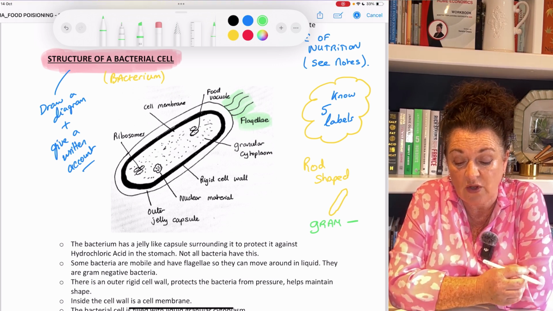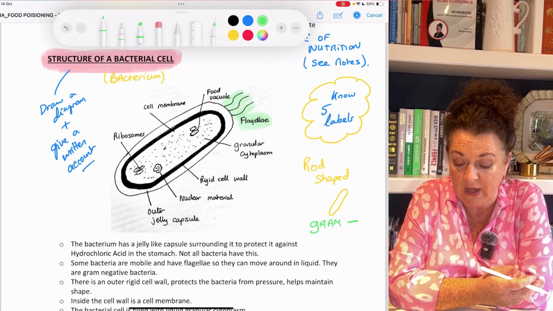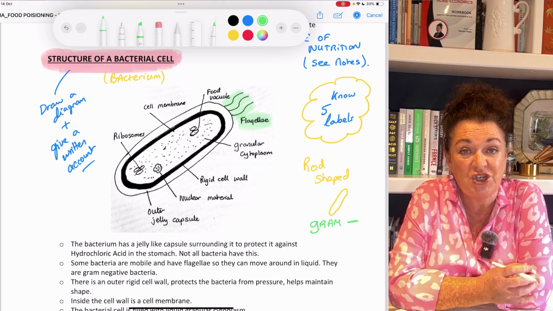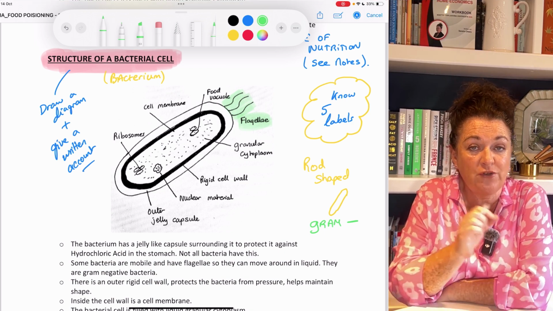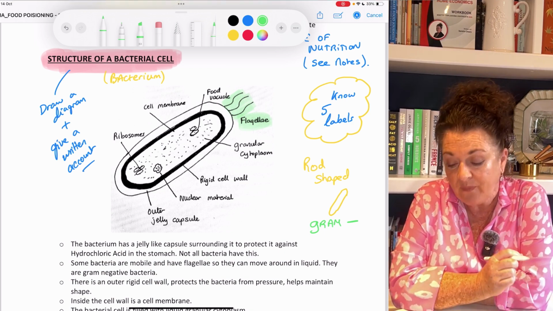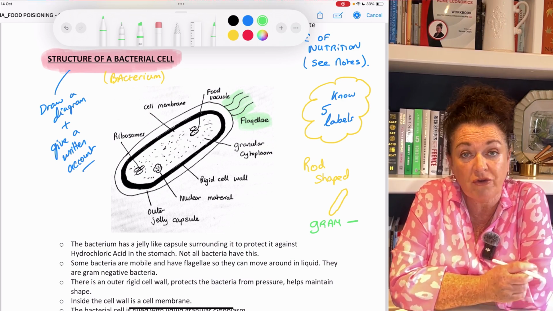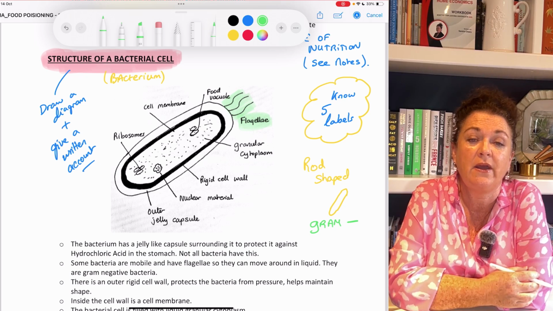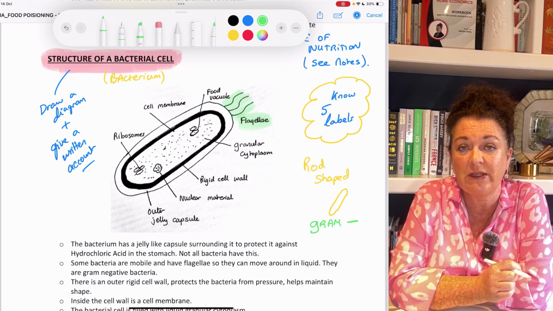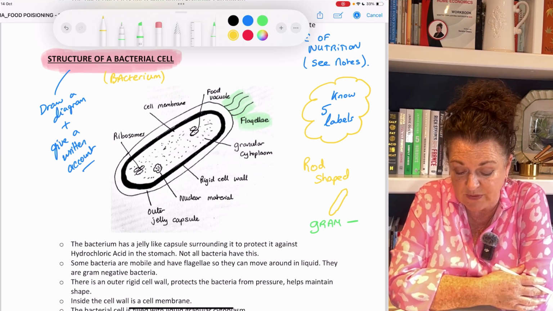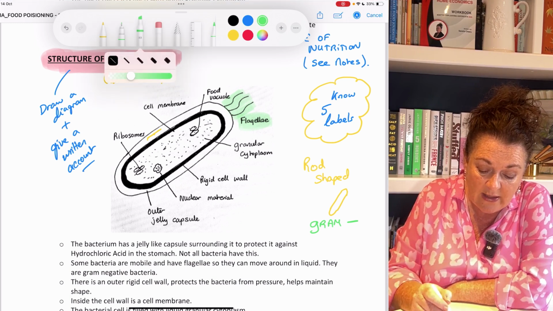And as a result of this particular method, it was called after Christian Gram. If the bacteria have flagellae, they are gram-negative, and that means they do not produce what are called bacterial spores or endospores, which we'll be studying. And then bacteria under a microscope that have no flagellae are called gram-positive, which means they do produce bacterial spores, also called endospores.